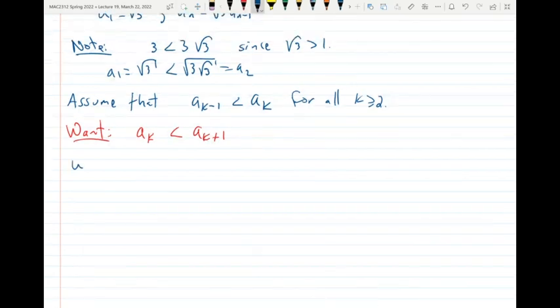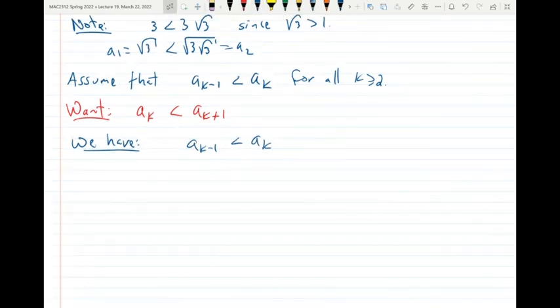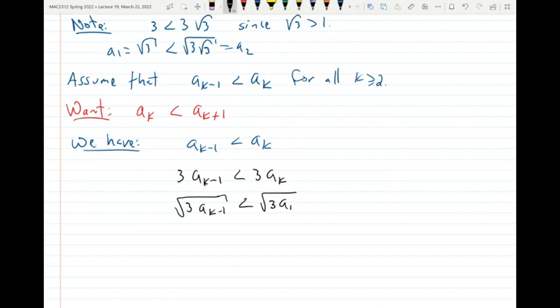Okay, so we begin with what we have: ak minus 1 is less than ak. I'm going to multiply this by 3. So the inequality still holds. And then I take square roots. The inequality still holds. What is this term equal to? What's the square root of 3 times ak minus 1?